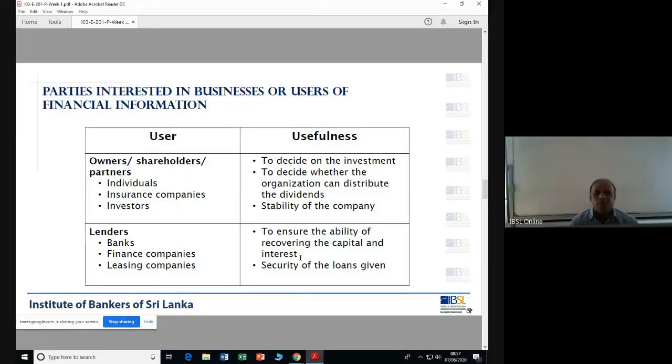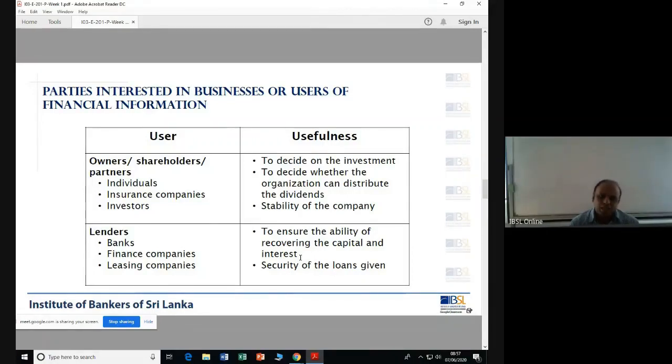Now I was talking about stakeholders. The stakeholder term includes the shareholder. So shareholder has now become a group within the major topic of stakeholder.